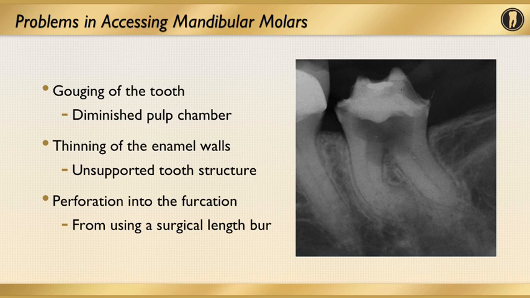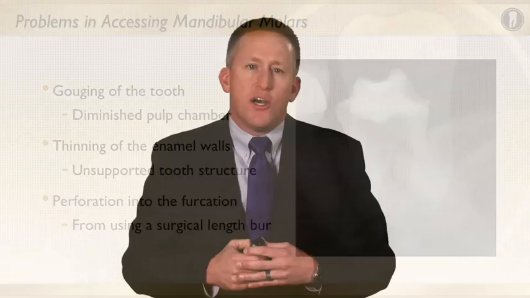Lastly, in worst-case scenarios, we can perforate into the furcation from using too long of a surgical length bur or not knowing the dimensions before we start. Among these problems that we can encounter in accessing mandibular molars, they can be overcome through astute preparation and understanding of the anatomical realities of these teeth.